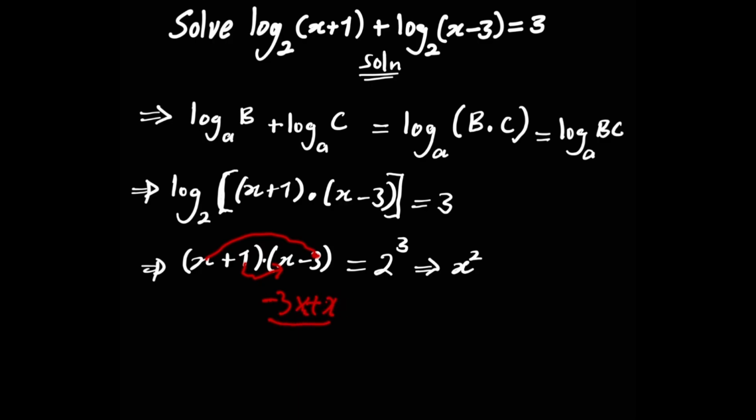So minus 3x plus x will give you minus 2x. And then 1 multiplied by minus 3 is, of course, minus 3. This is equal to 2 raised to the power of 3, which is 8. That is 2 multiplied by itself 3 times, which is 8.